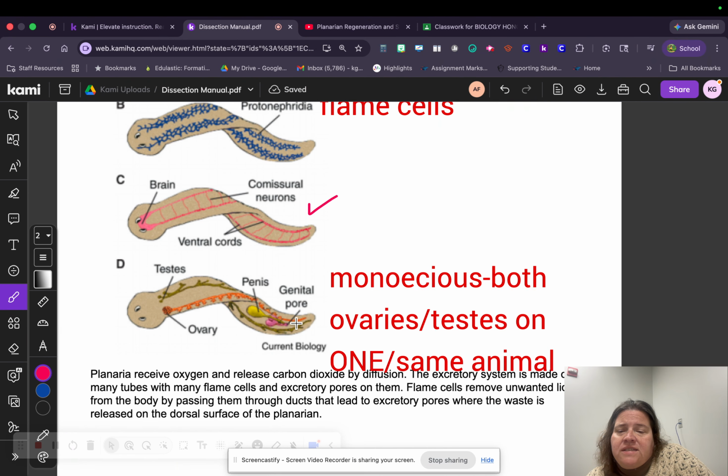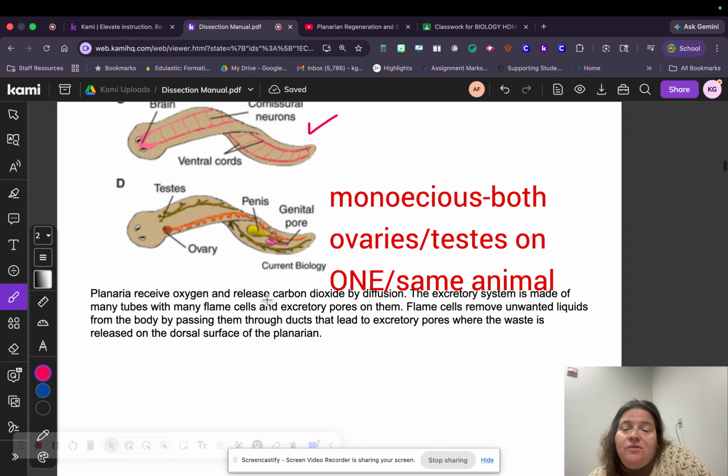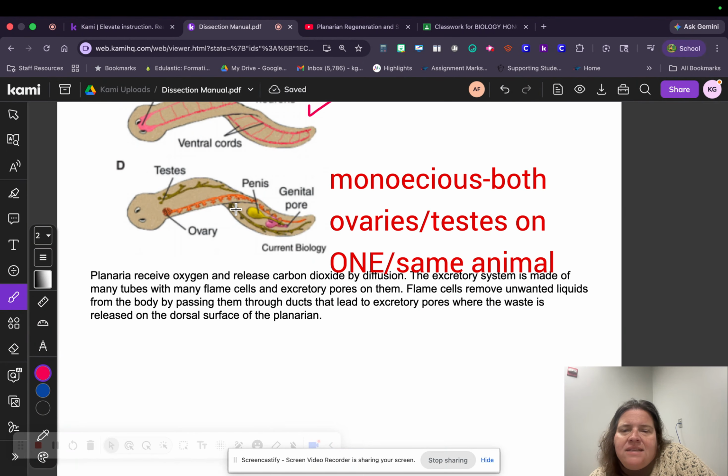We may watch a video that looks at how they physically reproduce, but how that works is not universal among all planarians, but they do both have ovaries and testes. So they can reproduce both sexually and asexually.